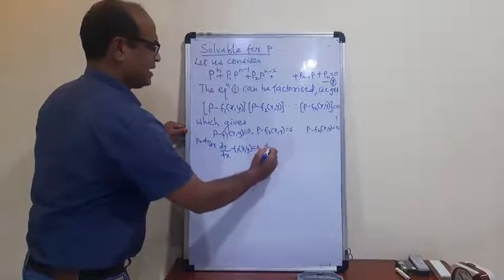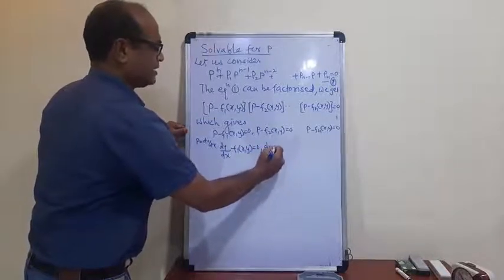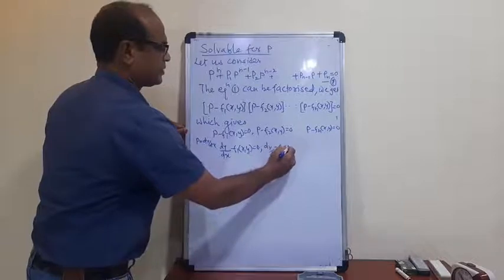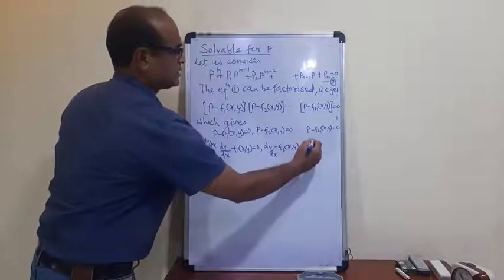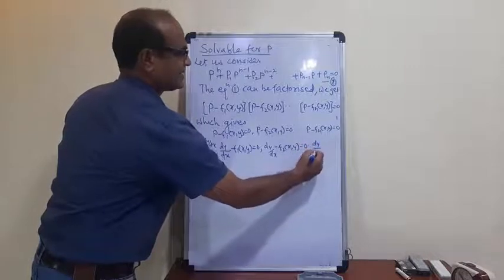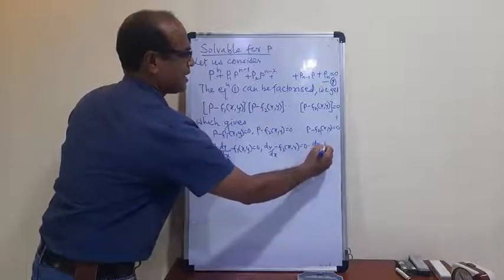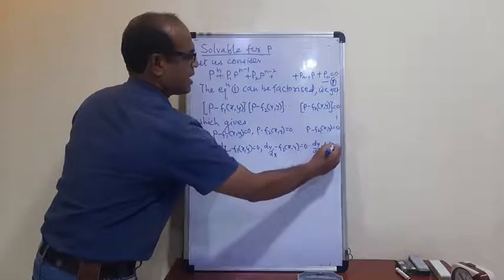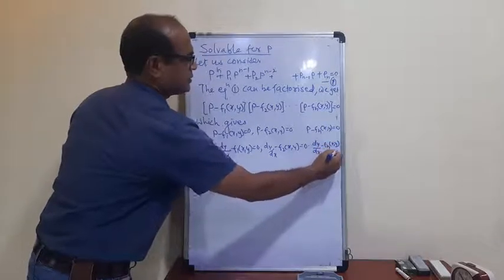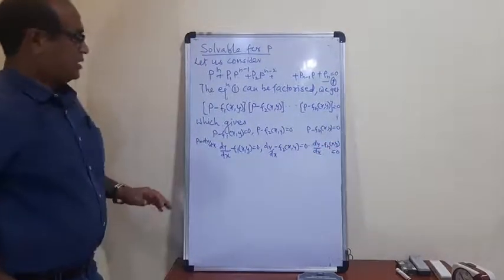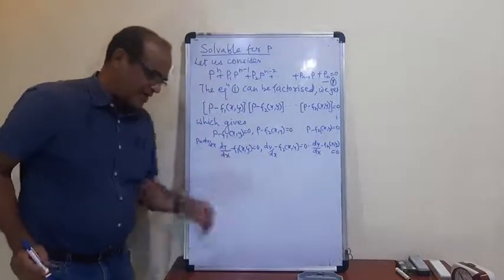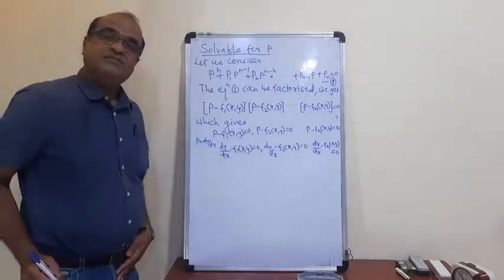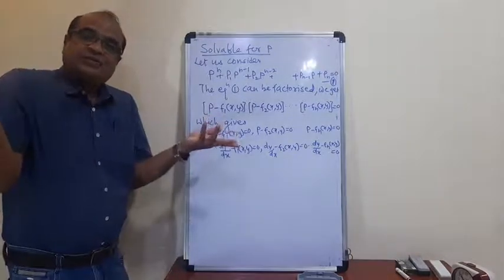Similarly, dy by dx minus f2 xy is equal to 0, and dy by dx minus fn xy is equal to 0. After putting p is equal to dy by dx, we get this. So solve these equations by using the known types.